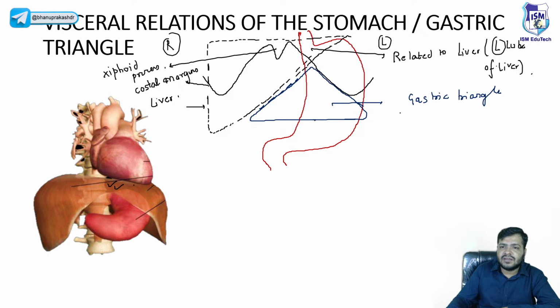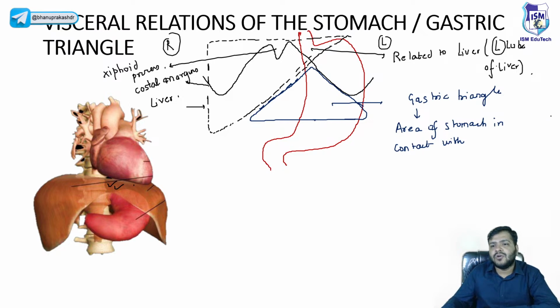Now, when I say gastric triangle, beta, it is the area of the stomach in contact with the anterior abdominal wall.